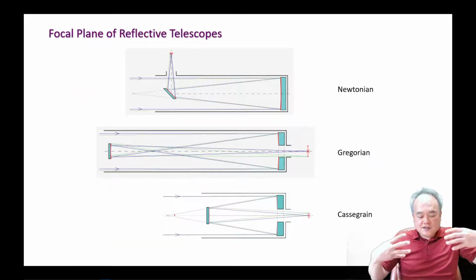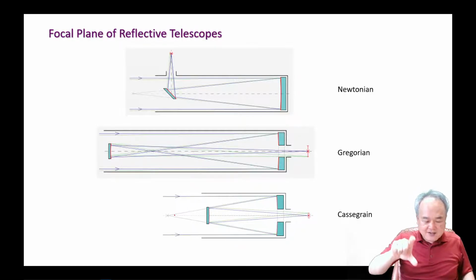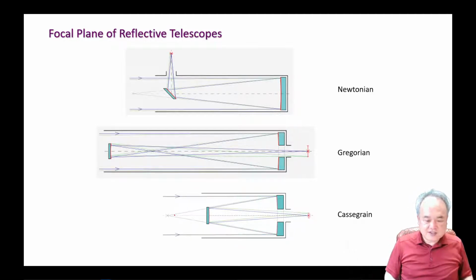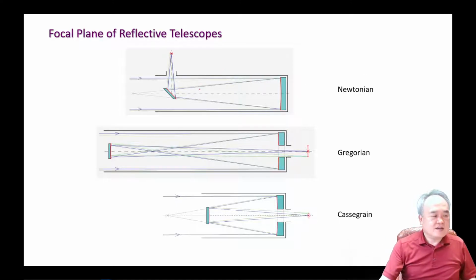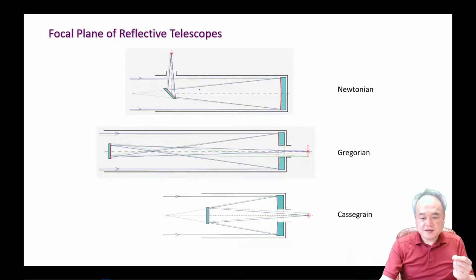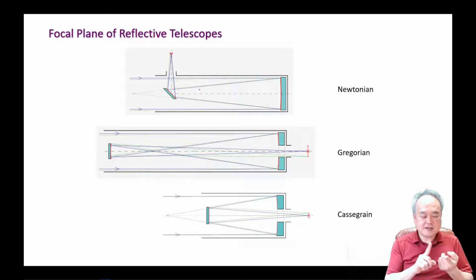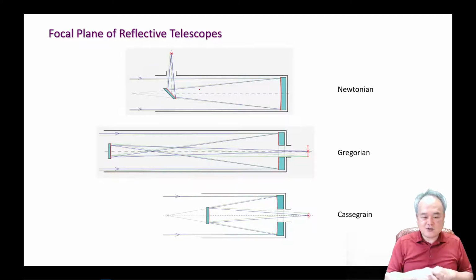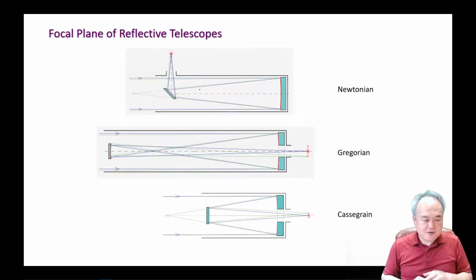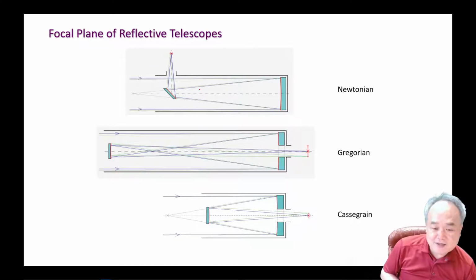Then let's get to more details about the traditional design of the reflective telescope. The Newtonian prime focus is advantageous because it provides the largest field of view and the best image quality, but because it is sitting inside the tube, accessing the prime focus is very inconvenient.